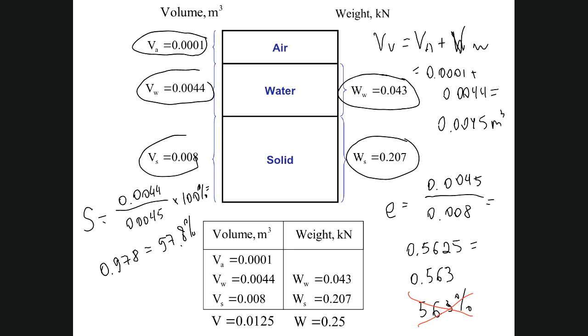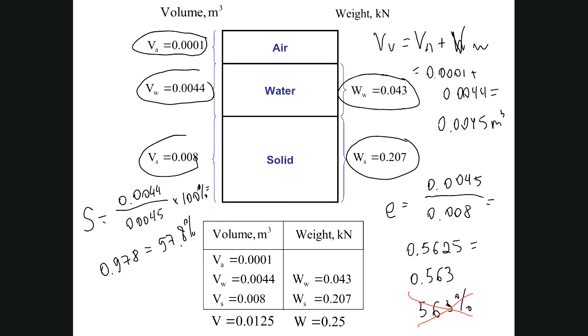What do you think about this degree of saturation? If you just look at the data, what would you say about the soil if it has a degree of saturation like 97.8%, almost 100%? Is it good or bad? Bad. Yeah, it's bad. Why do you think it's bad? It's correct. It just shows that the soil is almost saturated, which means that all the pore space in the soil is filled with water, and water makes soil weaker.